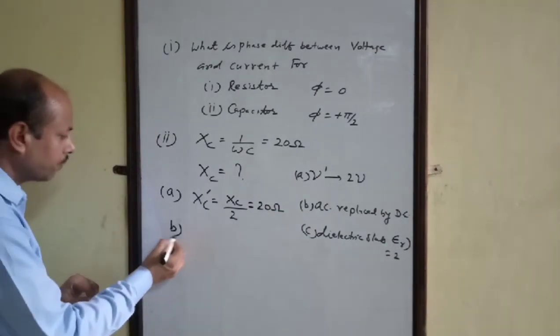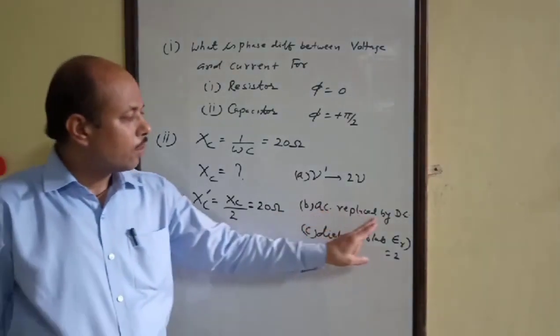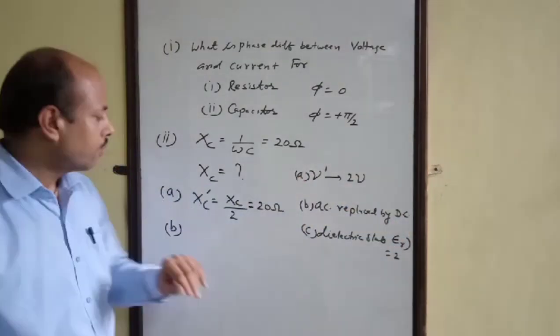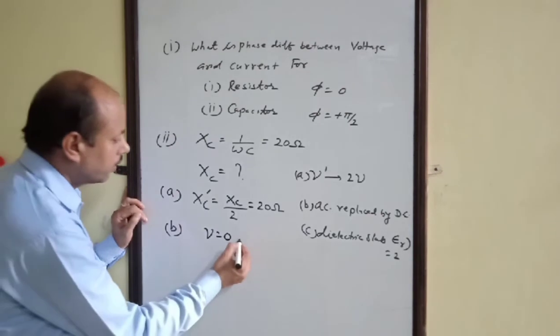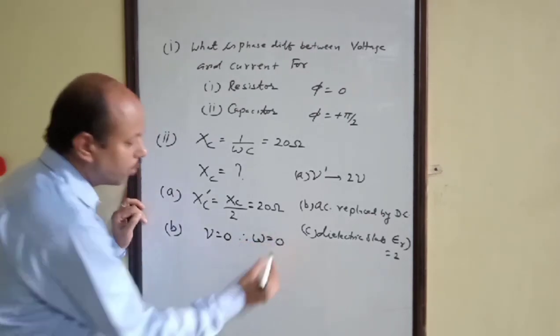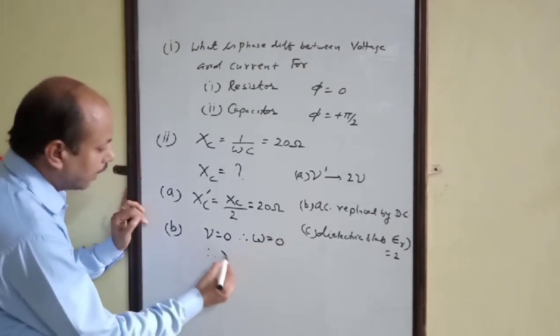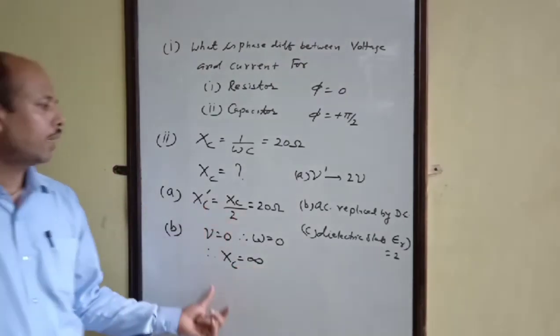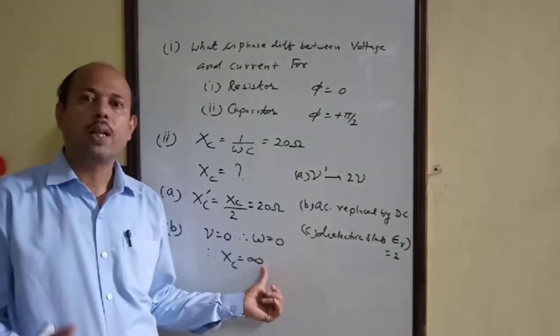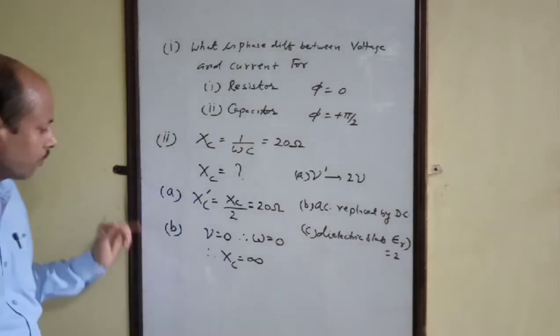In the second case, AC is replaced by DC. We have discussed that for DC nu equals 0, therefore omega will be 0, and hence Xc will be infinite. It means in this case the capacitor will behave like an open circuit.